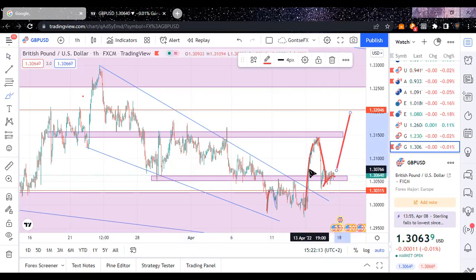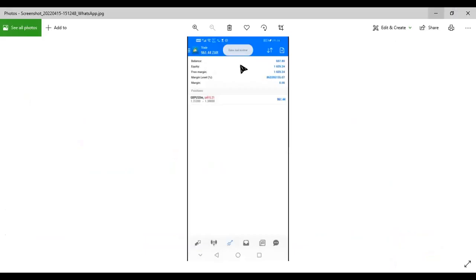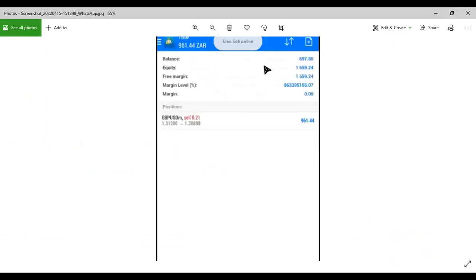So without any further ado, guys, I'd like to show you the actual GBP USD trade that I took. As you guys can see on this screenshot, I have a balance of 697 rands. With only one trade, a sell trade, I made 961 rands. But I was able to push this trade to 2000 something.